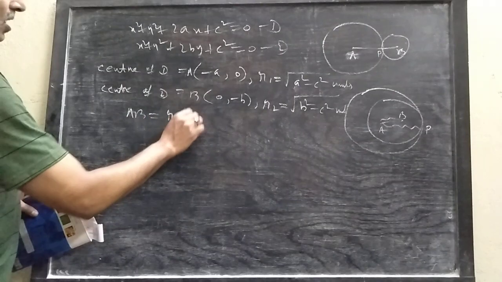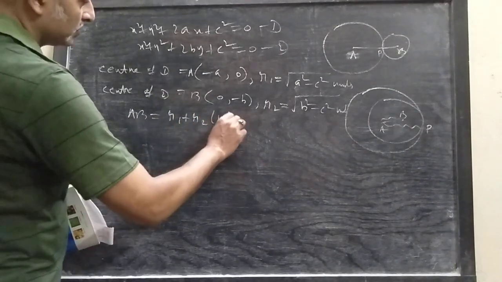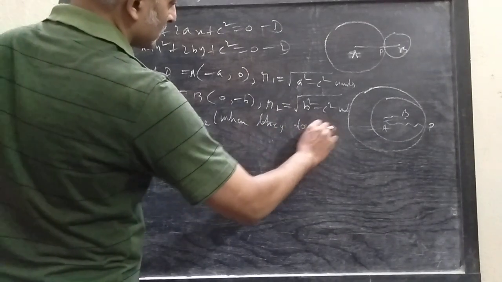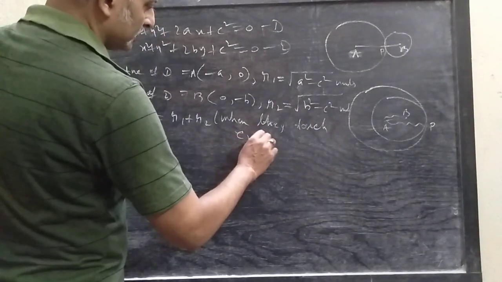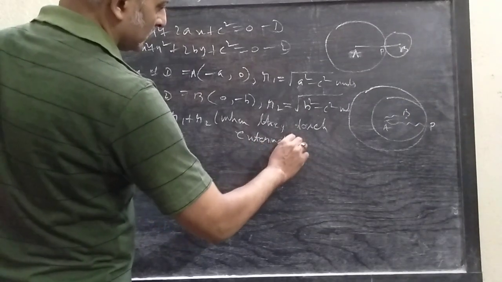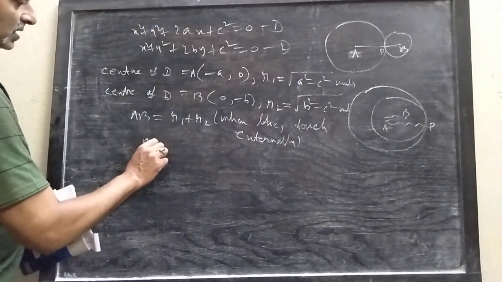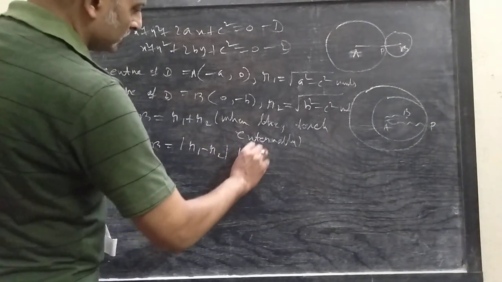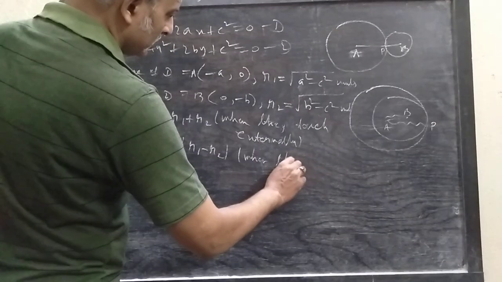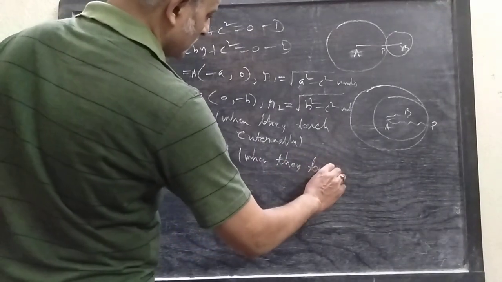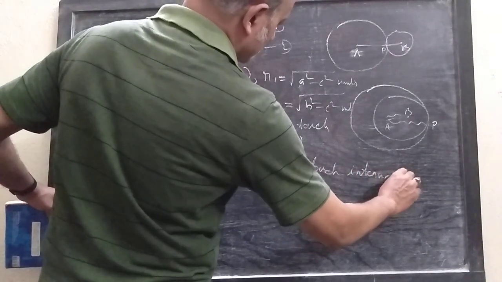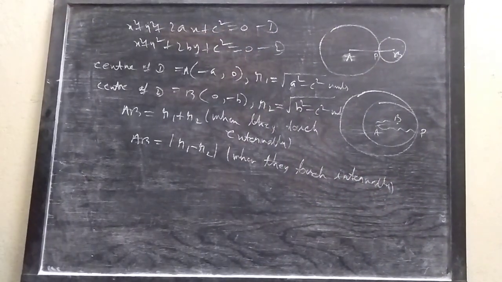AB equals r1 plus r2 when they touch externally, and AB equals mod of r1 minus r2 when they touch internally. Now we have to consider both the situations.